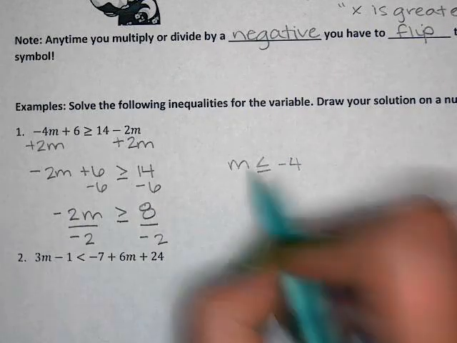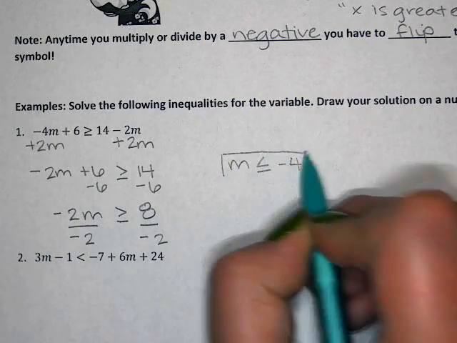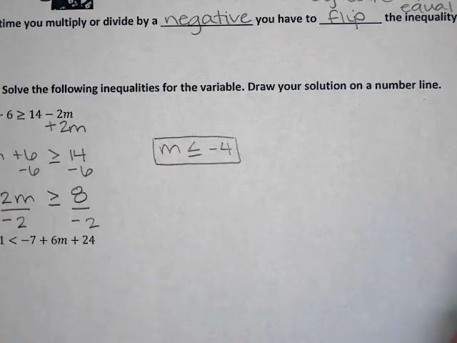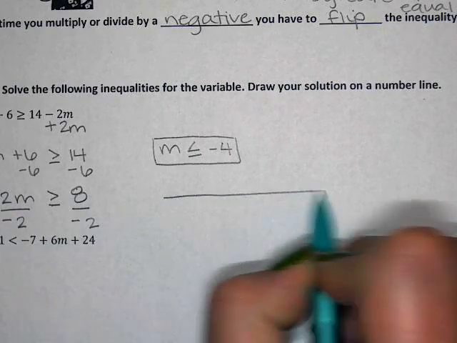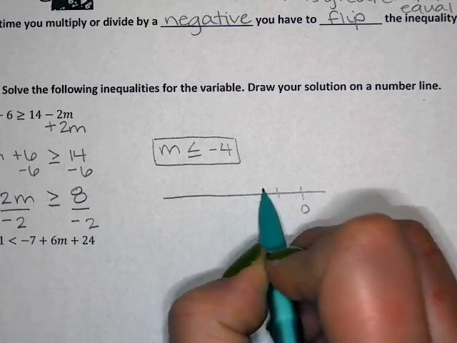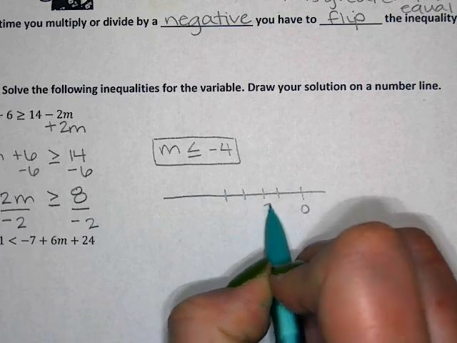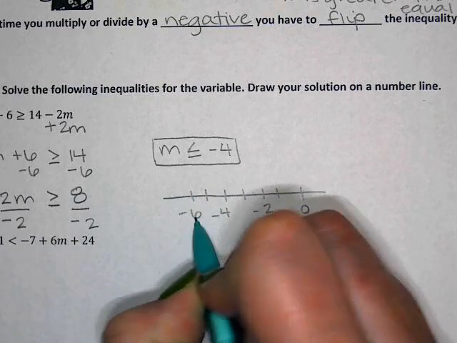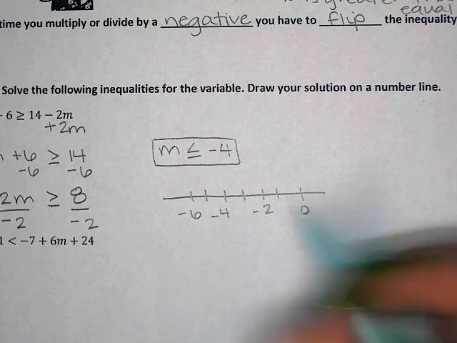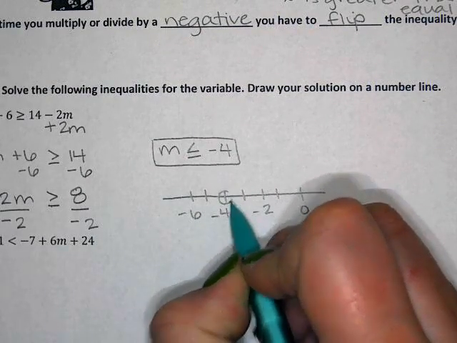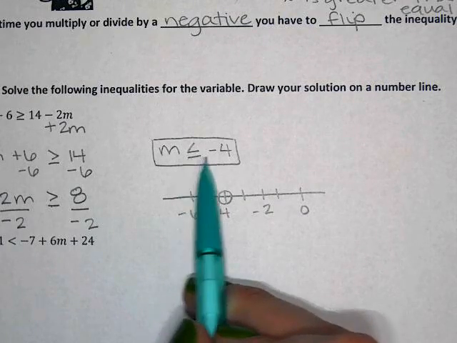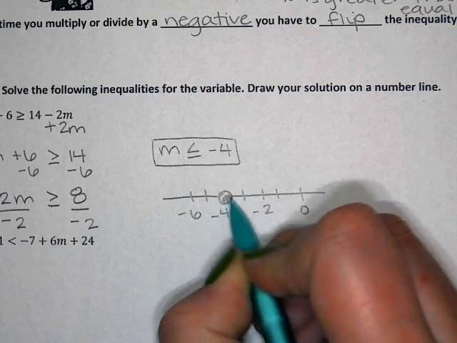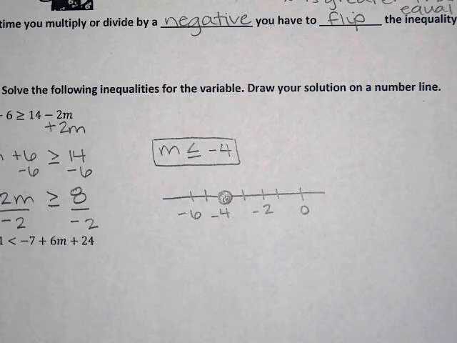So there's my solution. The instructions also ask me to draw my solution on a number line. So we're going to look at negative 4, and because it says equal to, we do a closed circle. That's what the equal to means.